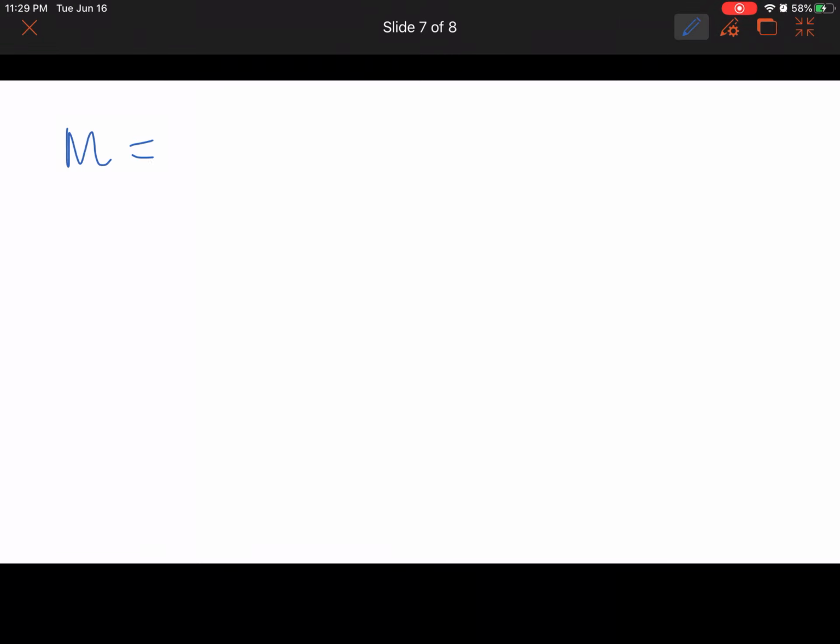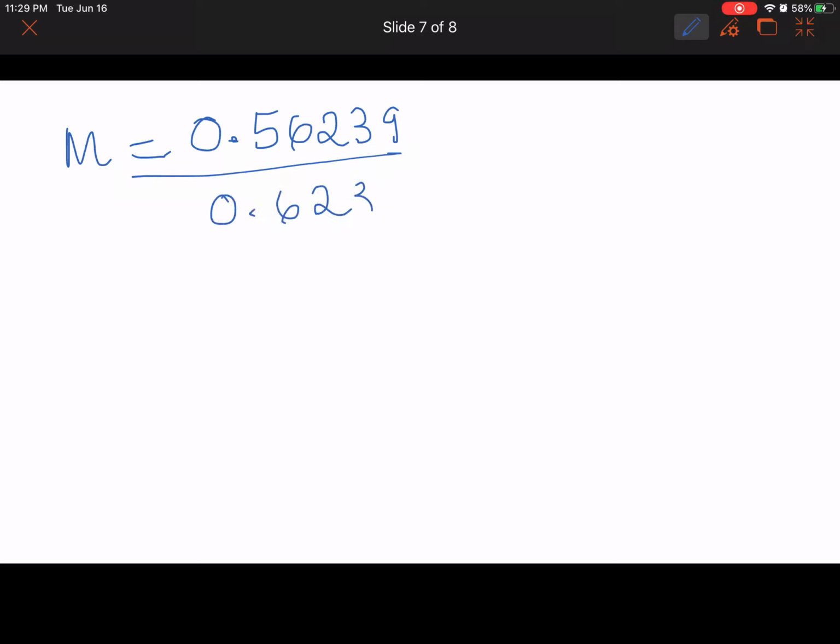So M in this trial is 0.5623 grams over 0.6235 grams times 100, which gives 90.18%. That's how you do the calculation for trial 1. And for trial 2, by following the same procedure that I did with you, you can do that on your own.